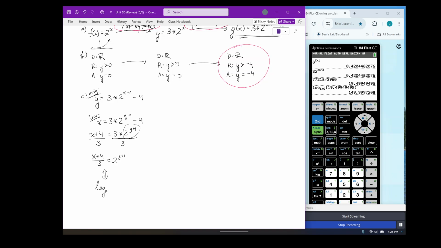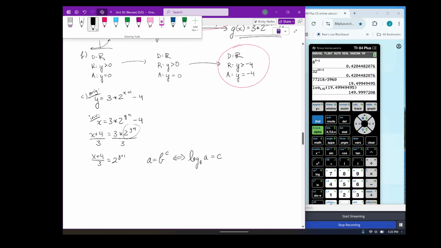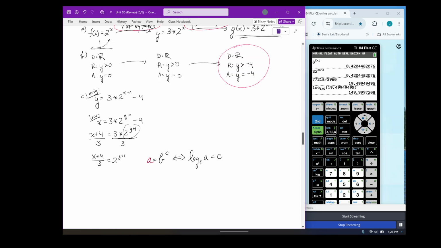So I'm going to write it the other way around. If A equals B to the C, that's this format. I know that looks weird. That turns into log base B of A equals C. Now, this is just a formula, right? We write it till you memorize it, essentially. But if I color code it, sometimes that makes this a little bit easier.